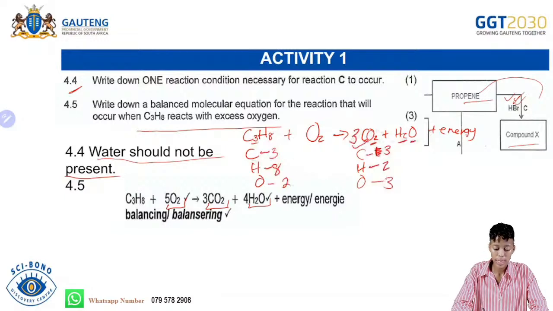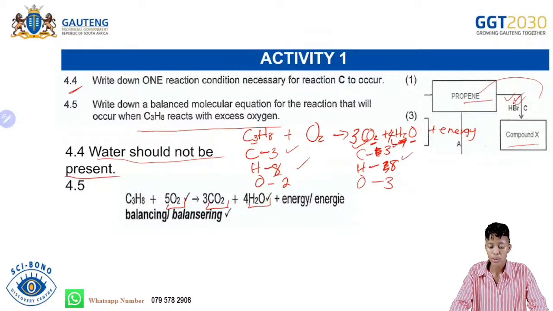On the left-hand side you have 8, and on the right-hand side you have 2, so you can put a big 4 there. 4 times 2 gives a total of 8 hydrogens. So the carbons are balanced and the hydrogens are balanced.